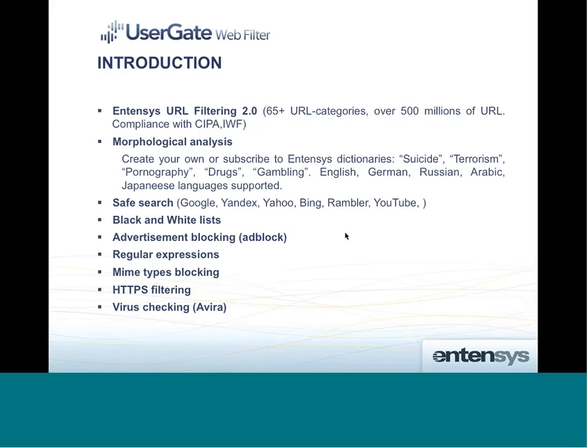For example, if we add a word like "take," it will be looked up in all variations like "take" and "took," etc. We also support phrases. We provide our product with an updatable database of such phrases, which includes suicide, terrorism, pornography, drugs, gambling. And we support it in English, German, Russian, Arabic, Japanese.